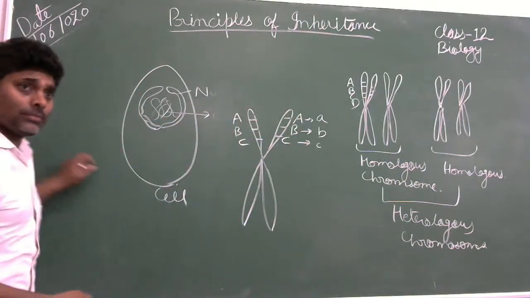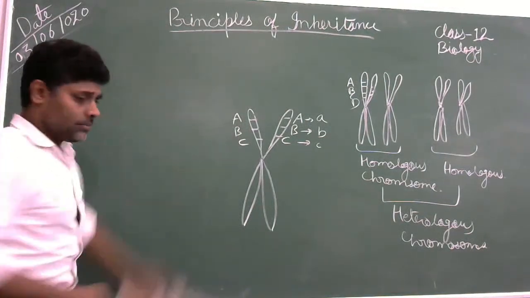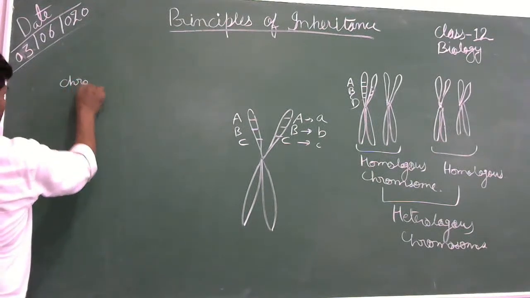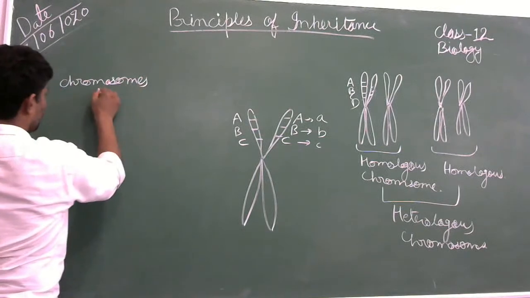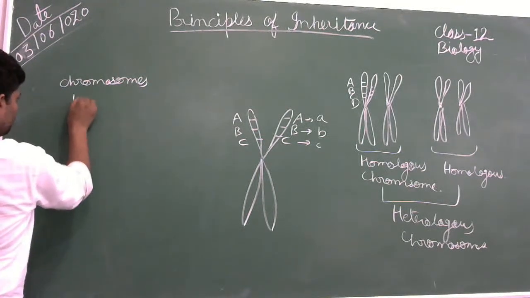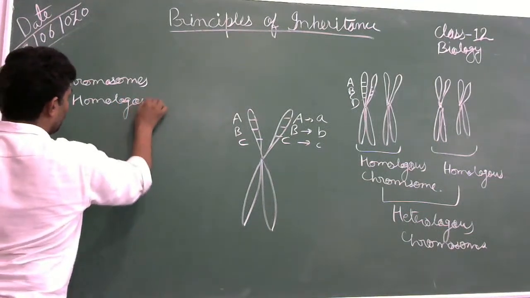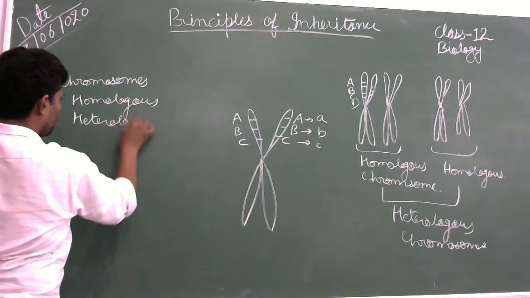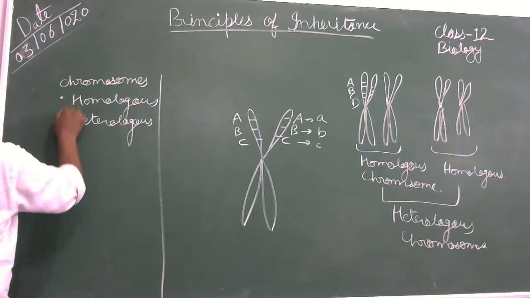So first of all, there are the chromosomes, two types, homologous and heterologous. Okay.